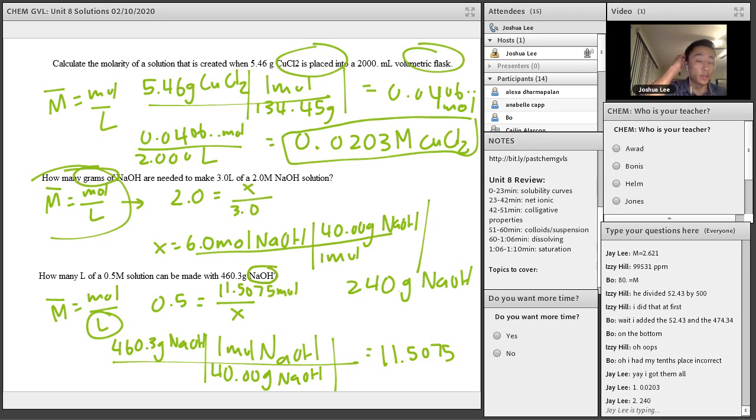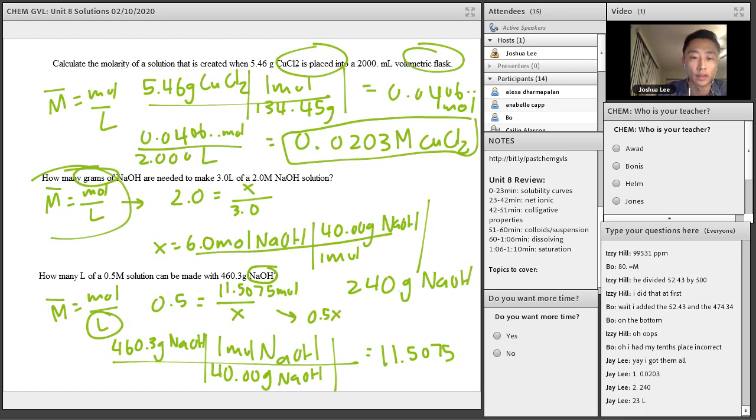Then this one, a lot of you guys struggle when the variable's on the bottom, but similar thing, you just cross multiply. So then this becomes 0.5x equals 11.5075. X is going to be, you just multiply by 2, so 23.015, but with the correct number of sig figs.